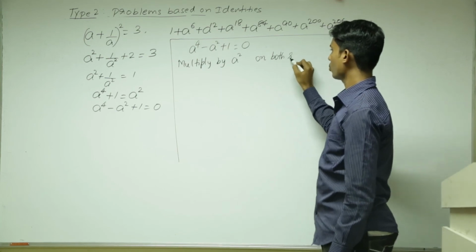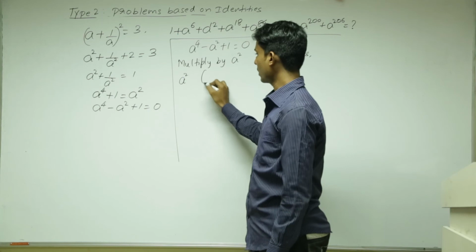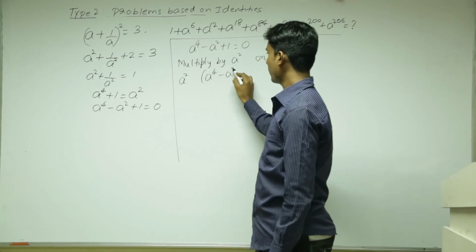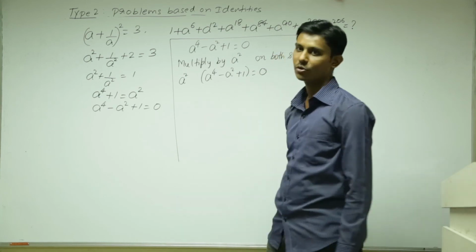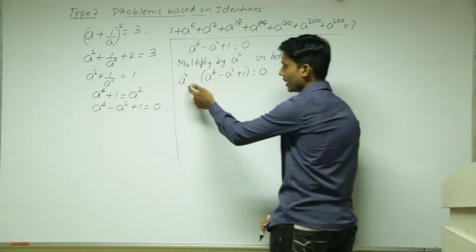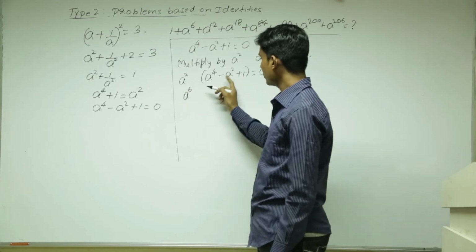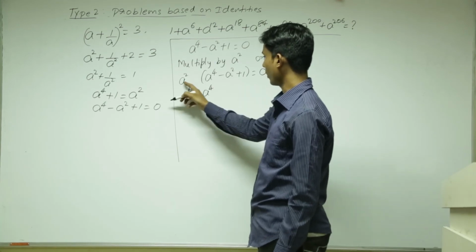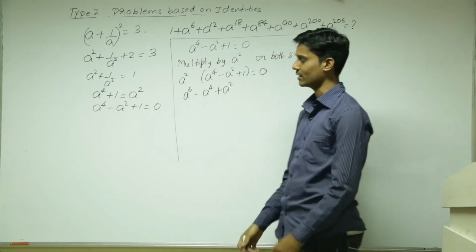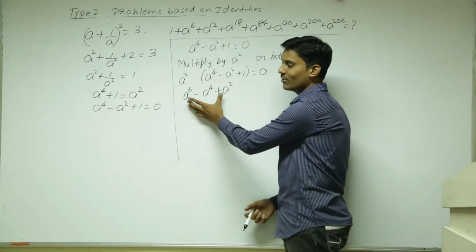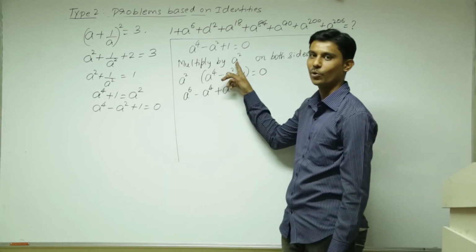If I multiply by a power 2, this becomes a square into a power 4 minus a square plus 1 is equal to 0 into a square, which is 0. Now if I multiply this, a square into a power 4 is a power 6. a square into minus a square is minus a power 4. a square into 1 is a square. This will be equal to 0, right? But if you observe, I have not achieved anything from this multiplication. I multiplied by a square on both sides.